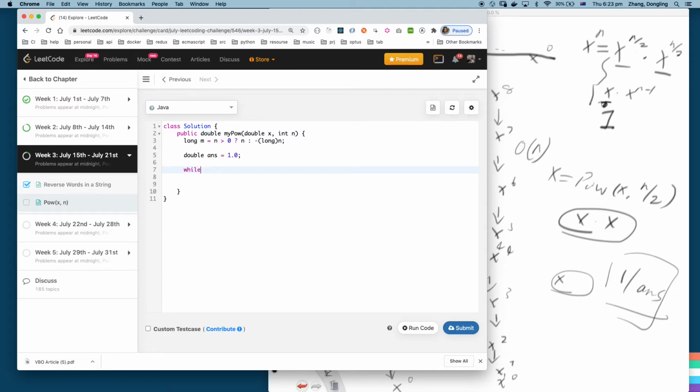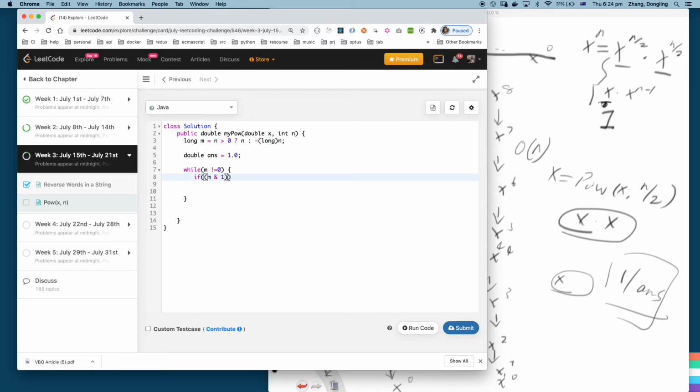And now we just keep a while loop. If m is not equal to 0, we check whether this is the last one or not.